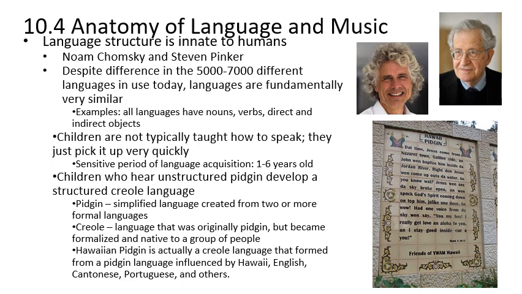Another reason to believe that language structure is innate to humans is that children are not actually explicitly taught how to speak, at least not typically. They just pick it up, and they pick it up very quickly. We learned in a previous chapter that there are sensitive periods of language acquisition, which is typically 1 year to 6 years old, although children are learning things about language previous to 1 year.